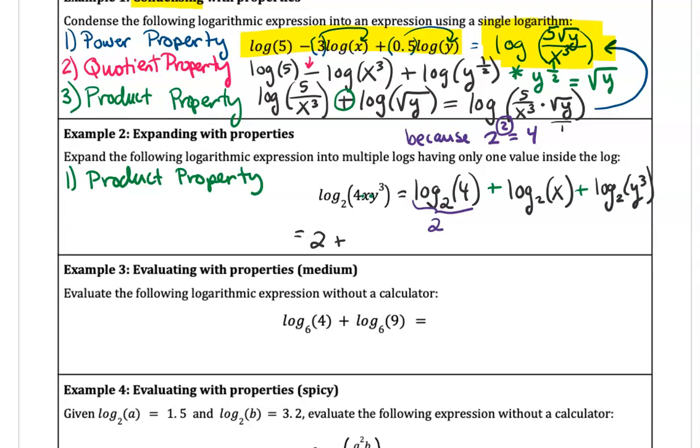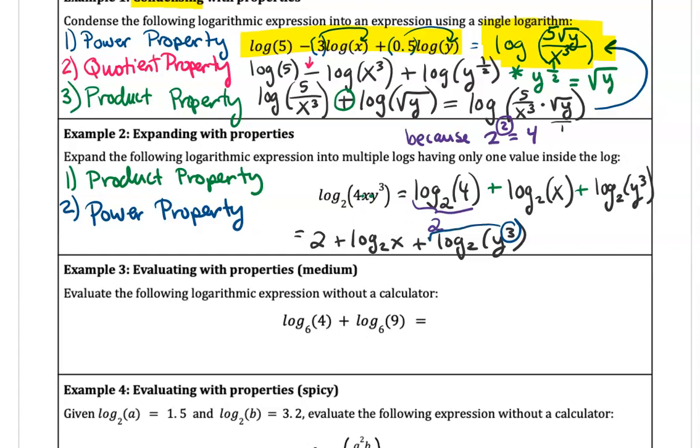So I have 2 plus the log base 2 of x plus the log base 2 of y cubed. And then the only other thing I can do to fully expand this is to use that power property again. And that is because I noticed my y here was being cubed. So that is the same thing as multiplying this log by 3.